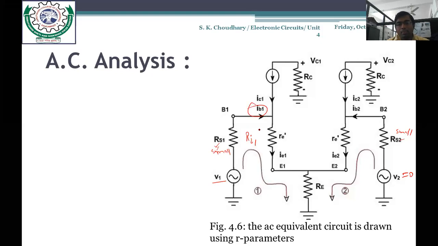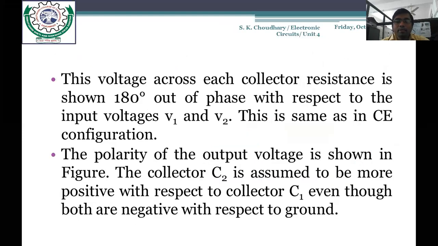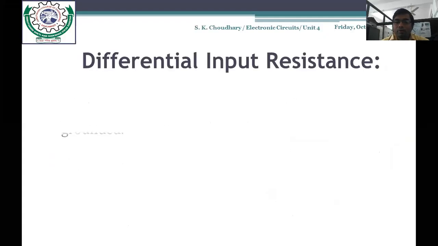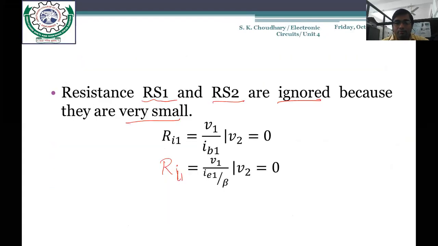In this way you can find the input resistance of this end of the differential amplifier. Similarly, to find RI2, we connect V2 and make V1 equal to 0. Again RS1 and RS2 are ignored because of their small value. So RI2 is equal to V2 upon IB2. In this way, we calculate the input resistance of both ends of the differential amplifier.